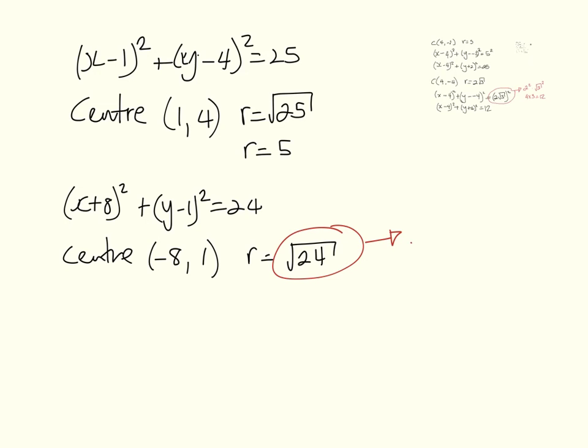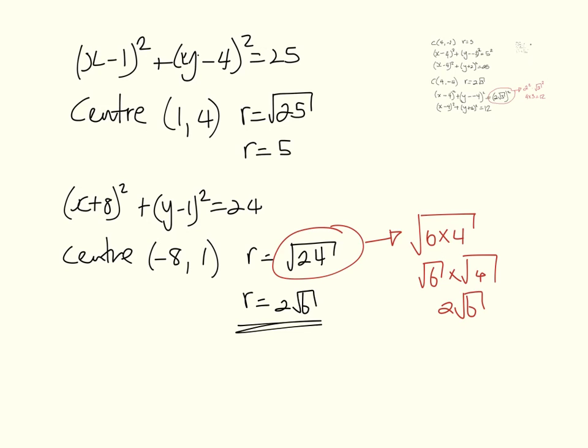The square root of 24 will be the square root of 6 times 4, which you will then split up into the square root of 6 times the square root of 4. We know that the square root of 4 is 2, so the final answer is 2 root 6. So therefore I can say my radius is 2 root 6. And this is now in its simplest form.